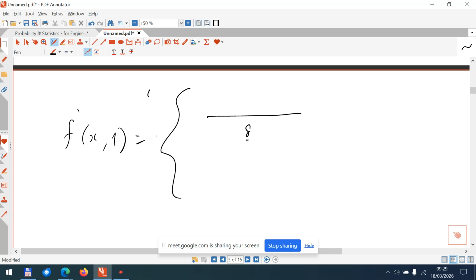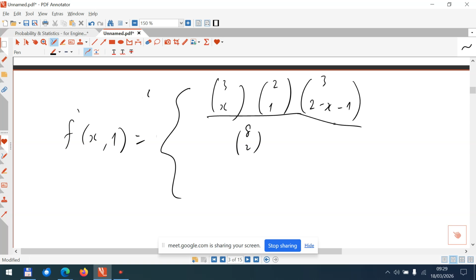yeah, we had this 8, 2, and this was x coming from 3. Y in this case is 1, which can only come from 2. And 2 minus x minus y is 1. It can only come from 3. And here the condition, now y has disappeared because y has been replaced with 1.